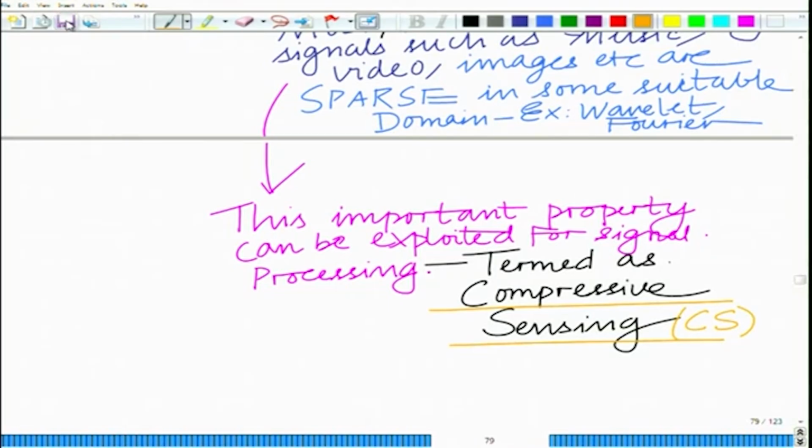This is a relatively new field, in fact a path breaking innovation, I must say, which has gained a lot of popularity in the recent past, wherein you exploit the knowledge that this vector x bar, which corresponds to a naturally occurring signal, is sparse in a certain suitable domain, and that can be used in signal processing to further improve the performance in comparison to other schemes.